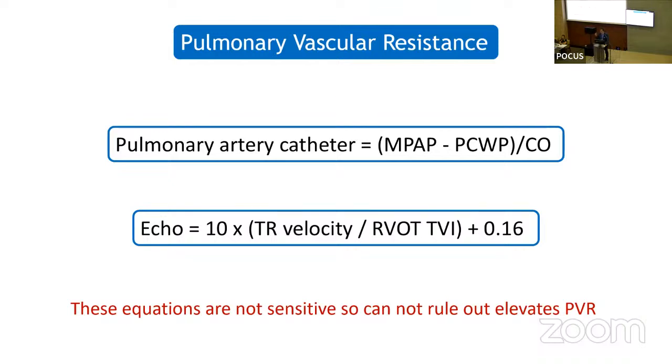When we mentioned the tracing of the RVOT by pulsed wave Doppler, it is not only the acceleration time which can give us information on pulmonary vascular resistance, but also if there is notching in the middle of this trace, called mid-systolic notching, which indicates a significant elevation in pulmonary vascular resistance.